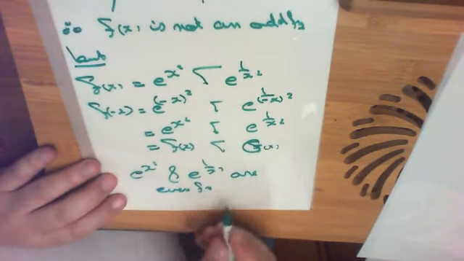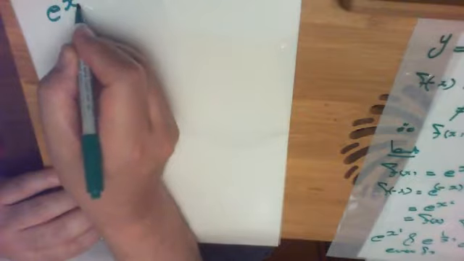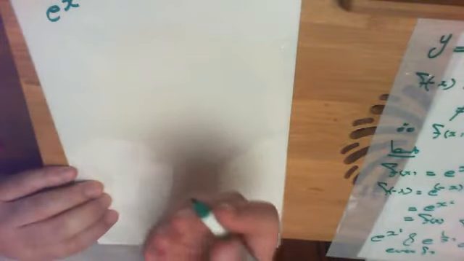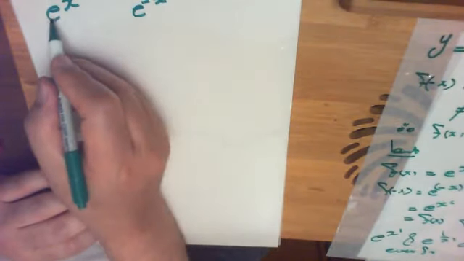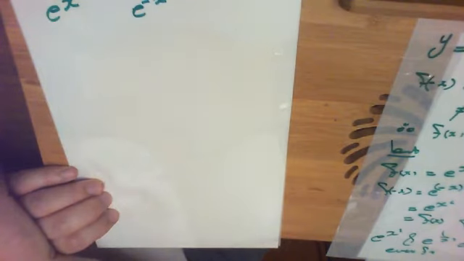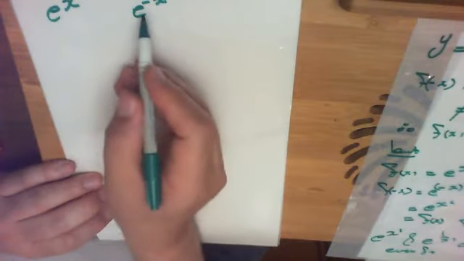But e to x cubed is not even. e to x, as you remember, is neither even nor odd. And when we obtained e to minus x, it wasn't the odd form of e to x. No, it wasn't. If you remember, neither even nor odd.